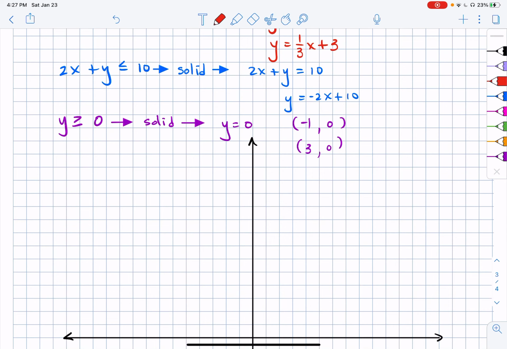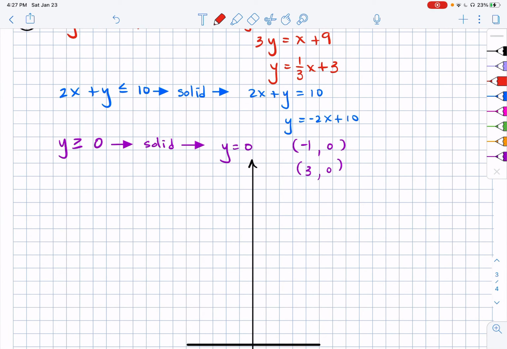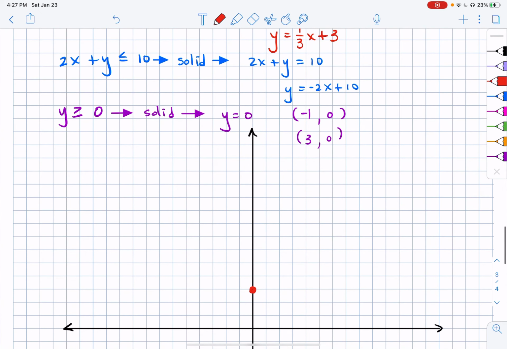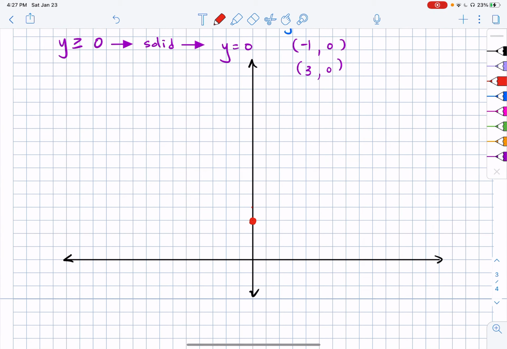So let's plot the first one first. So the y-intercept is 3, and I gotta go up 1, right 3. So up 1, right 3. So there it goes. Awesome. So if that's the case, then I have a line that looks something like this.